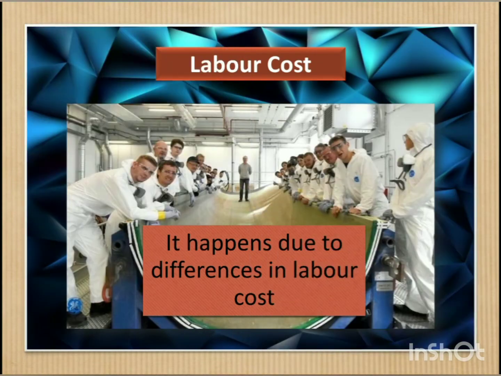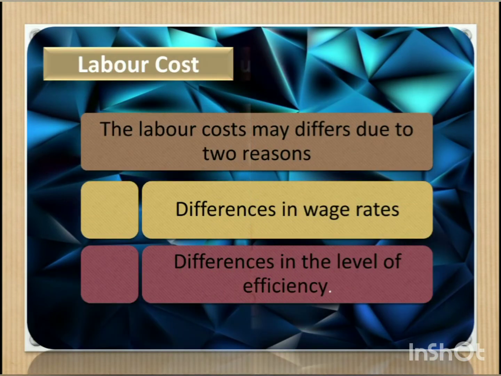Next factor, labor cost. According to Weber, another regional factor for deviation of industry from one place to another is labor cost. It happens due to differences in labor cost. The labor cost may differ due to 2 reasons: differences in wage rates and differences in the level of efficiency.